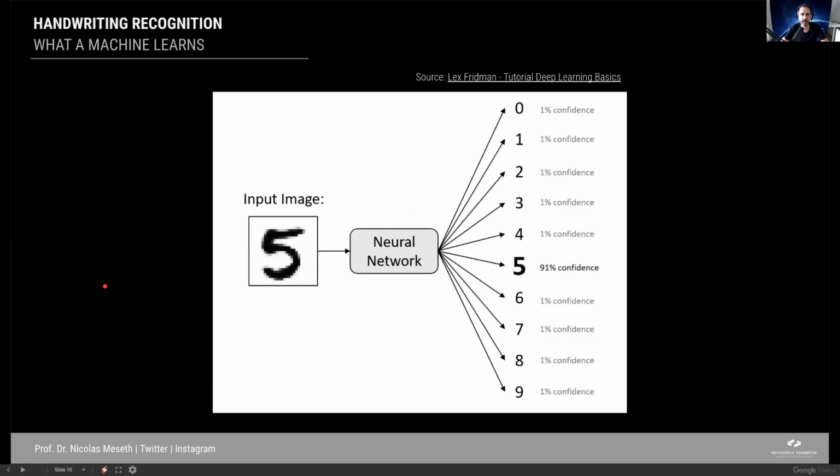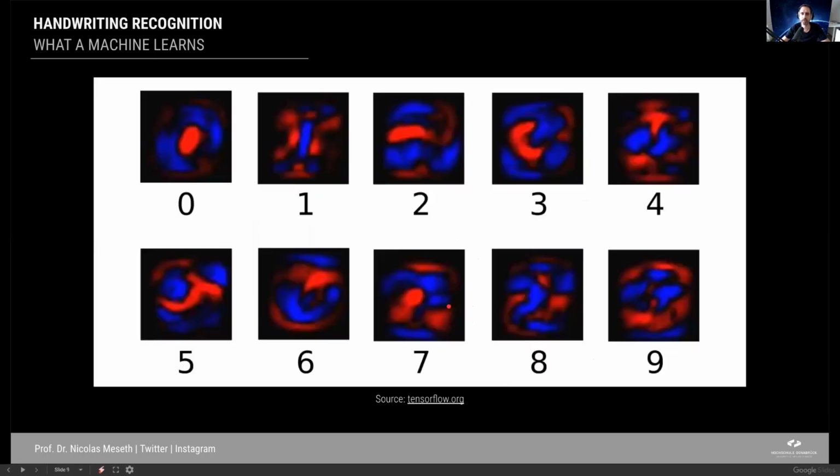So we put in the 5. For us, it's obvious it's a 5. So we feed it these 28 by 28 pixels, and then the neural network has learned some parameters and weights that are going to change whatever is coming out at the end, and then it might arrive at 91% confidence that this is a 5, but it might also have, I don't know, probably higher confidence than this that it's a 6, because 6 and 5 actually look quite similar, and you can then look at the patterns it has learned.